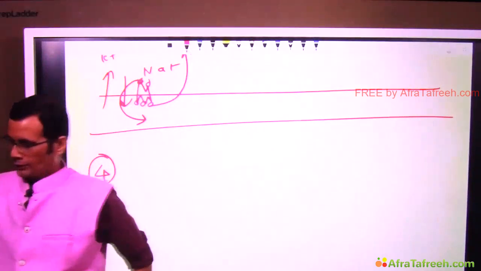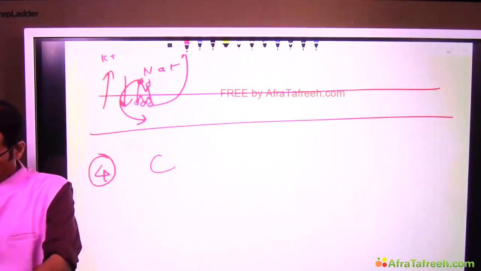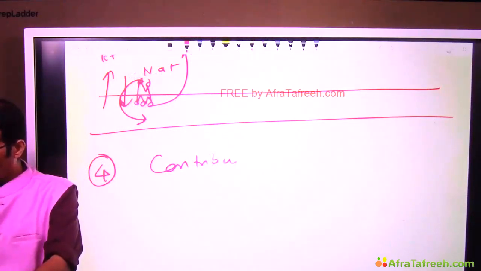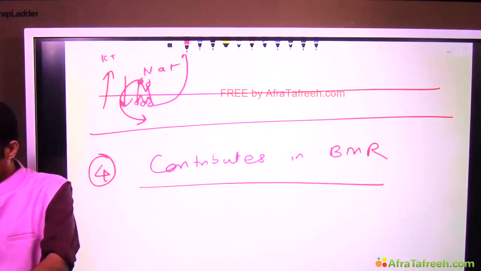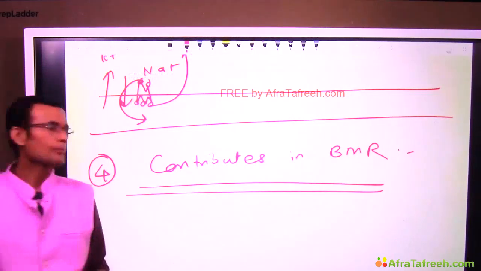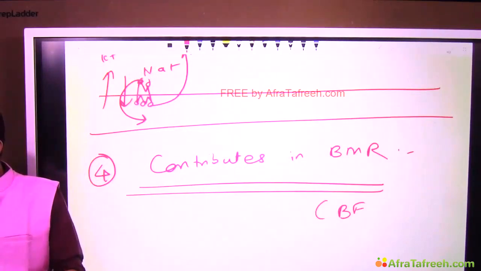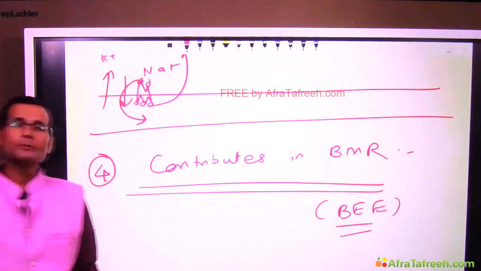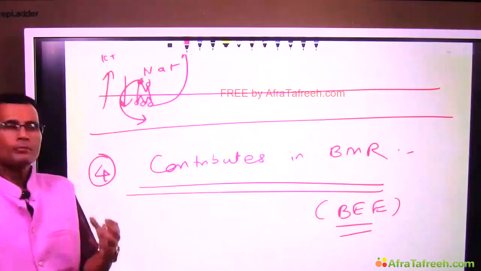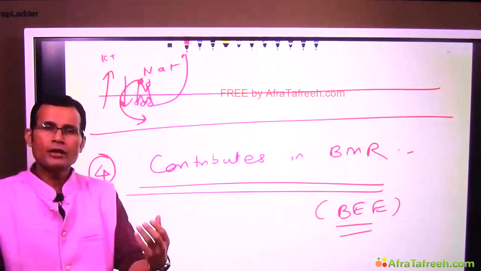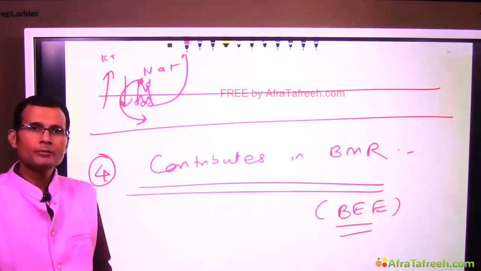Okay, next, it contributes in the process of BMR, basal metabolic rate. Look, what is basal metabolic rate? Also sometimes referred to as basal energy expenditure. I am speaking right now, it is spending some ATPs.